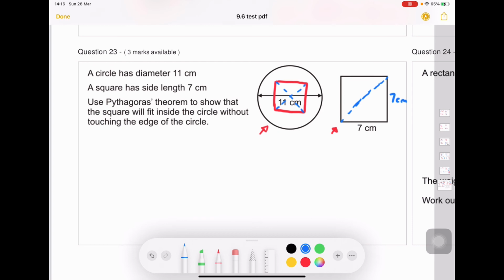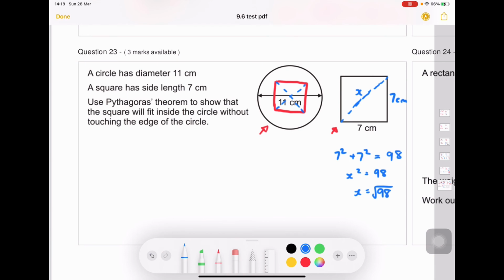The diagonal within the square is going to be, let's just say x for now, 7 squared plus 7 squared, which is 49 plus 49, which is 98. So x squared is 98, and x is square root of 98.